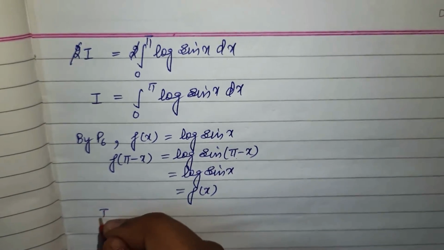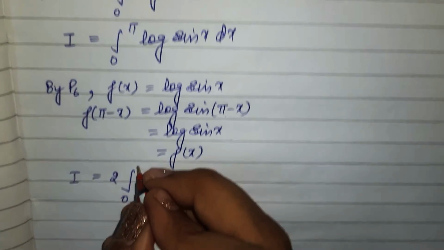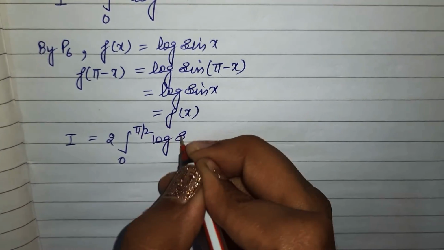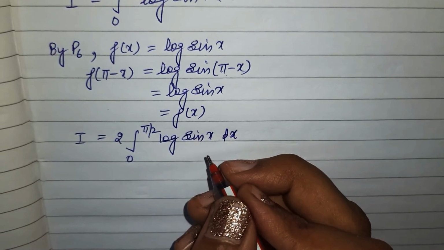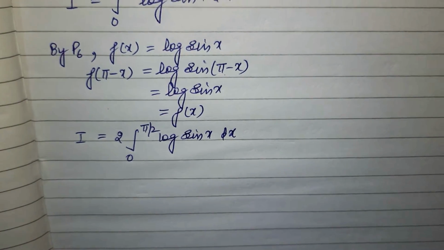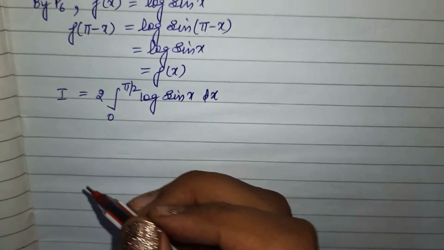So the integral will become twice the integral from 0 to pi by 2 of log of sine x dx. After getting this, it is again your example number 36. After that you may proceed with example number 36.